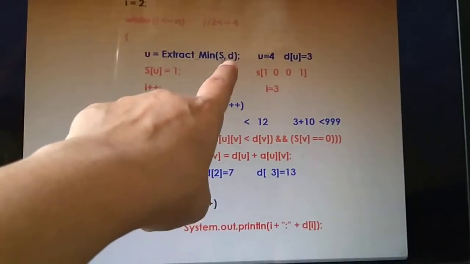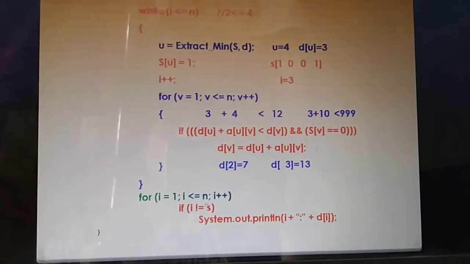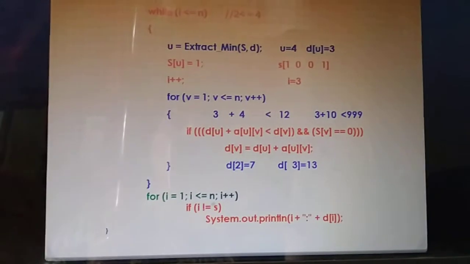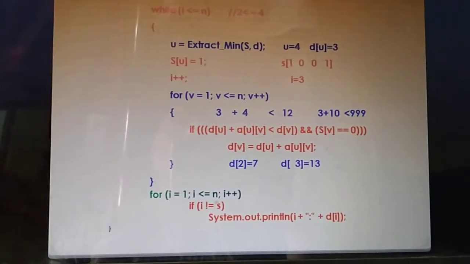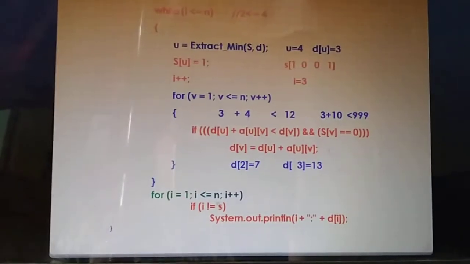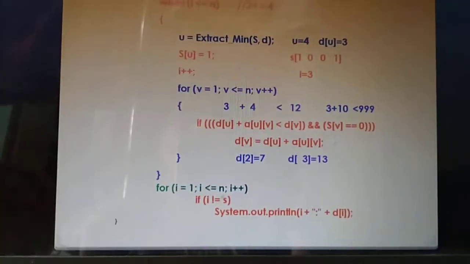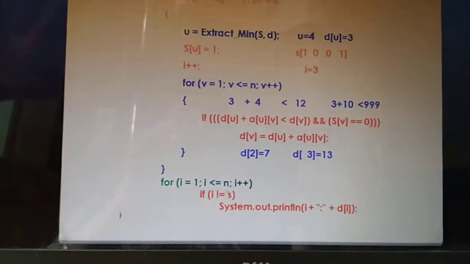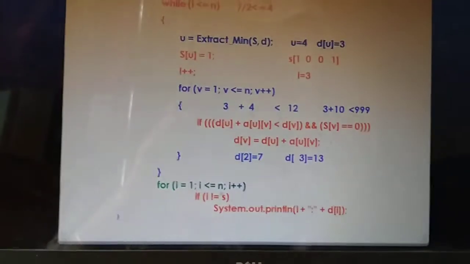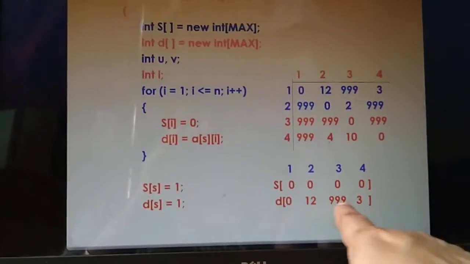What are the parameters I am passing here? Capital S. What does the capital S vector represent? It represents whether a vertex is visited or unvisited. It is a vector, an array. What does D represent? It is a distance vector, which represents the distance from the source vertex to the other vertices.